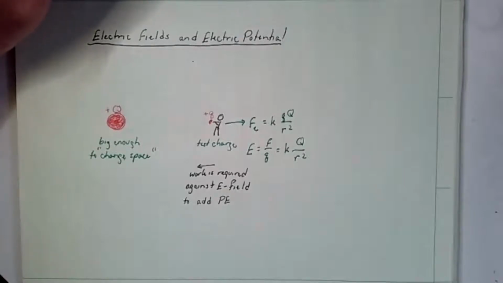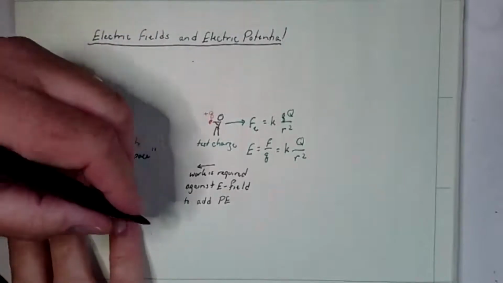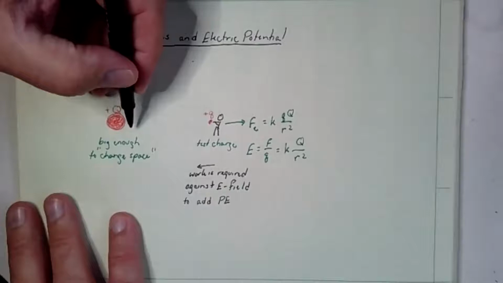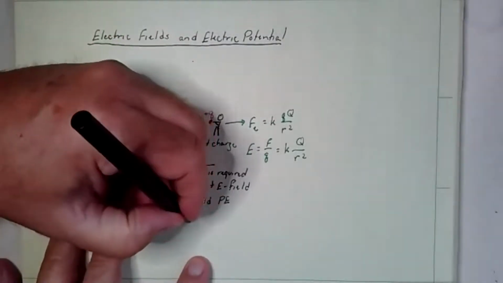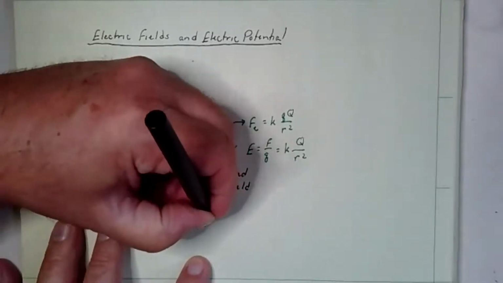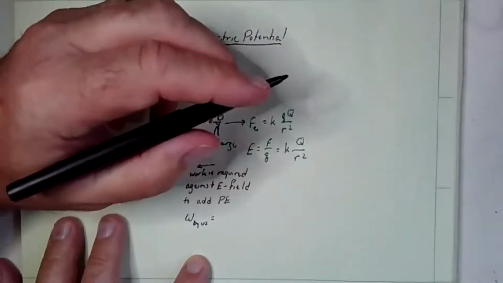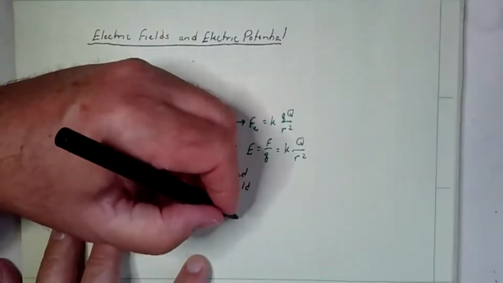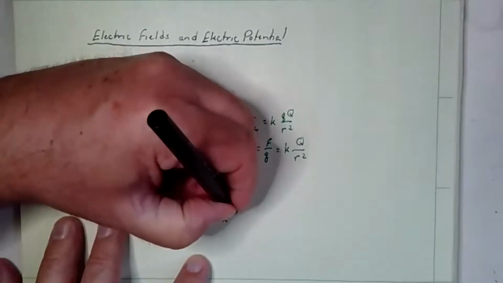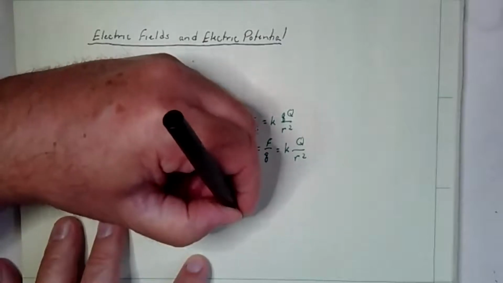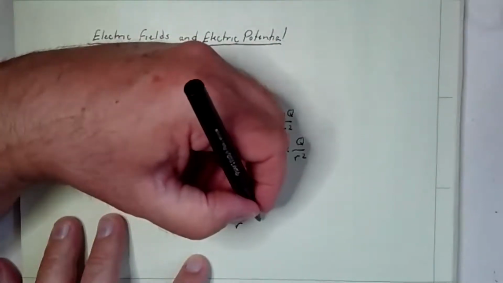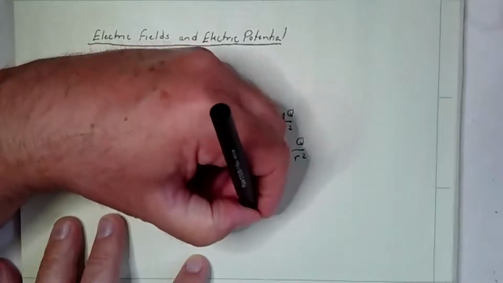So the work that we do in bringing this forward is going to add potential energy to the charge. So the work done by us equals the Coulomb constant times little q times big Q divided by just r, and that's equal to our gain in potential energy.